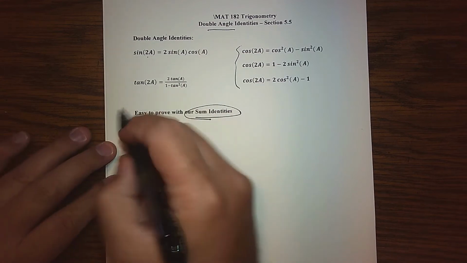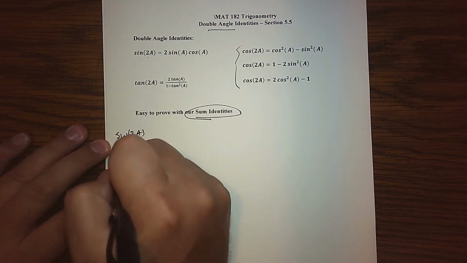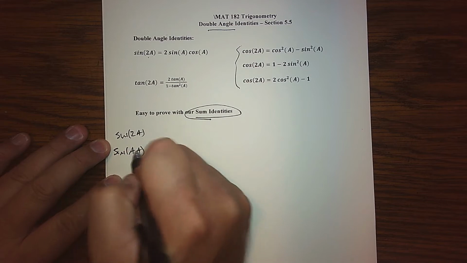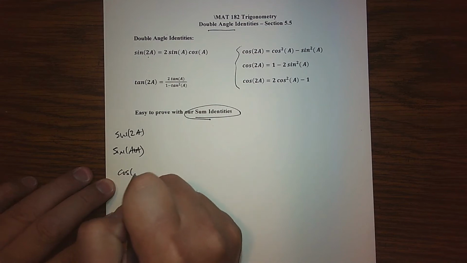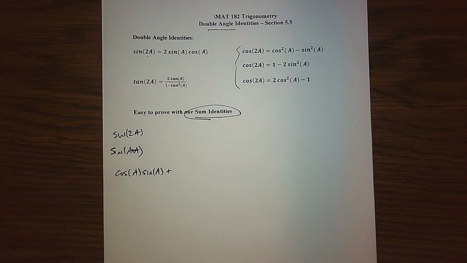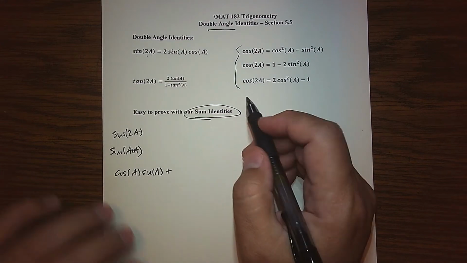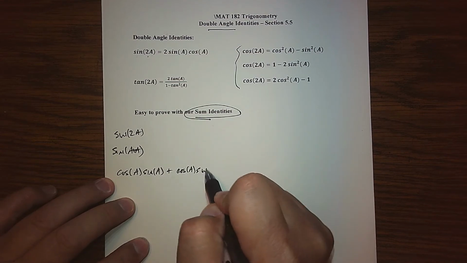So in the first one, the sine of 2a, we can rewrite this as the sine of a plus a, and then when we look at our sum angle formula for that, it breaks up into the sine of a, the cosine of a, plus the cosine of a, the sine of a.